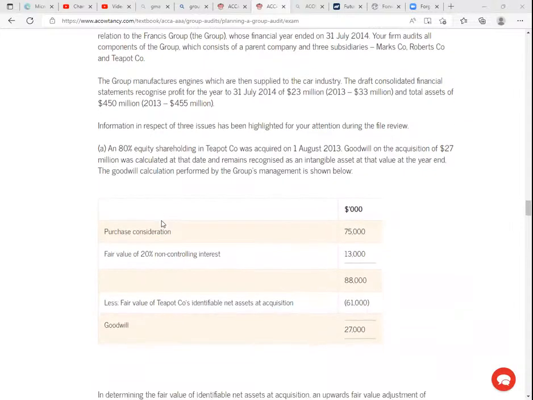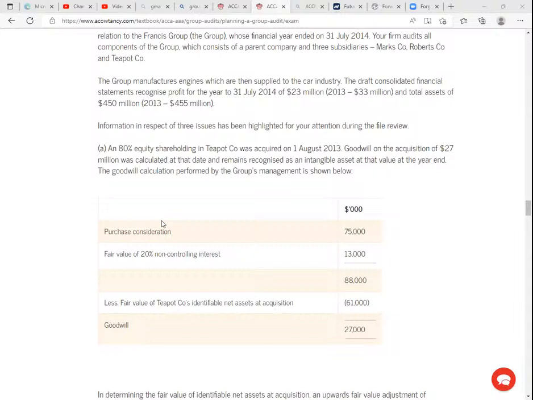Information in respect of the 3 issues has been highlighted for your attention during the file review. A, an 80% equity shareholding in Teapot was acquired on 1st August 2013. Goodwill on acquisition of 27 million was calculated at that date and remains recognized as an intangible asset at the value at the year end.